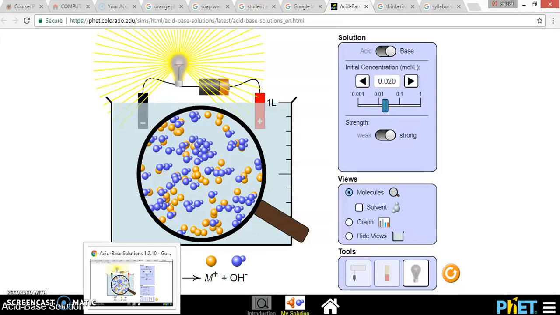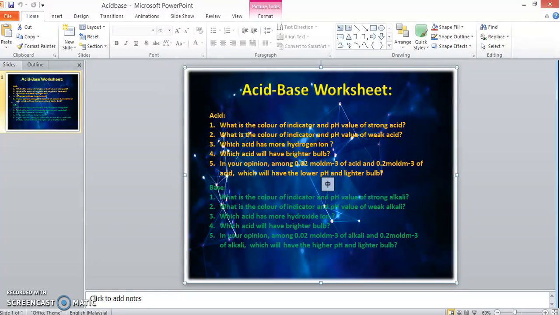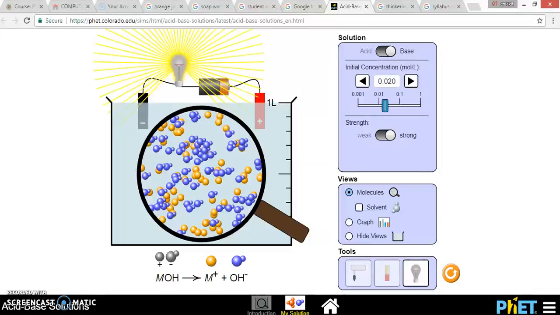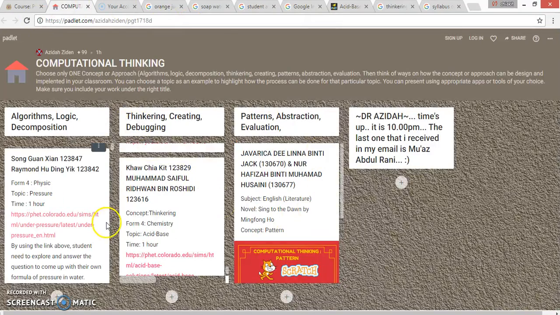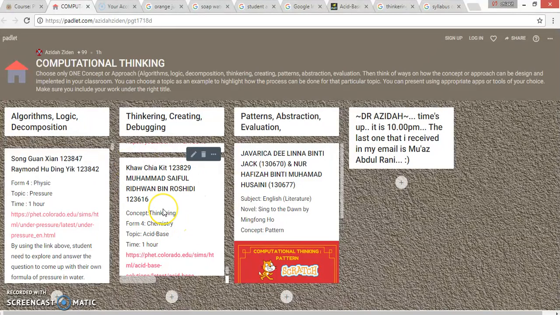So this is the method for teaching. This is the concept of tinkering during teaching, which is letting the students experiment with things and also play through the apps and learn the concepts and knowledge from that.